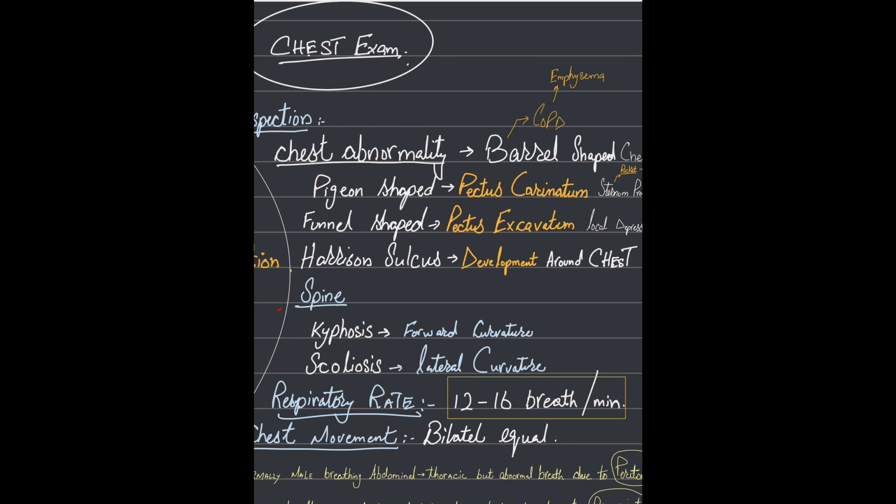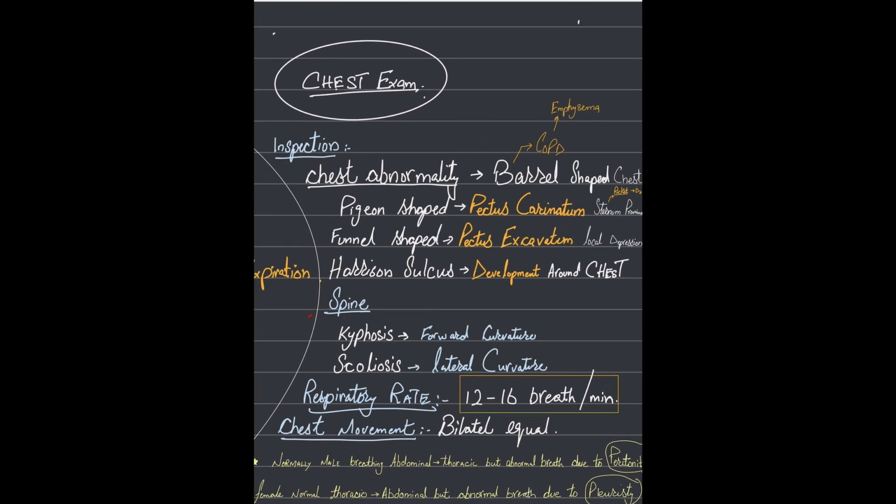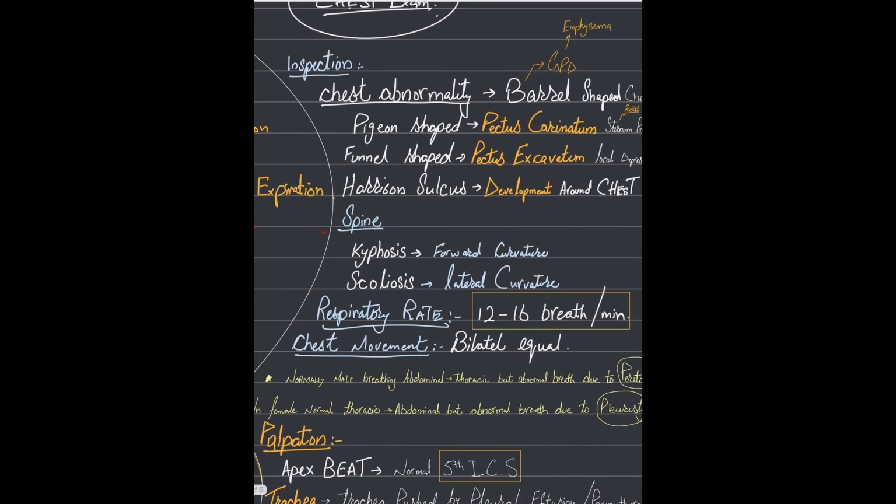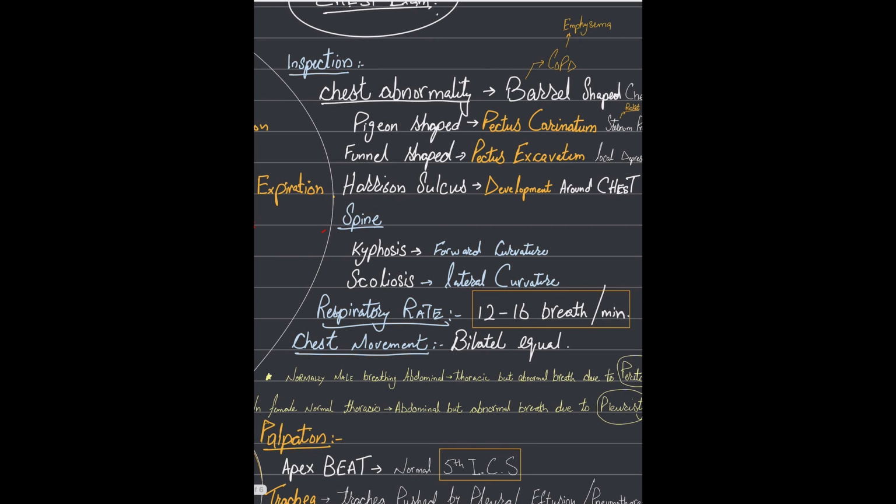And Harrison sulcus. You're going to see a development around the chest. Here you can see the chest and some kind of groove around here, and it's called Harrison sulcus. Now we're going to talk about the spine.